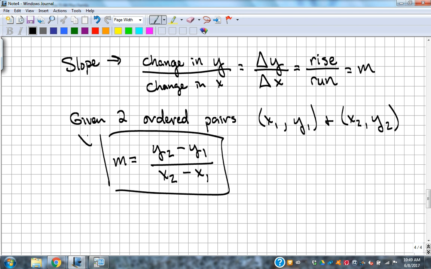That is muy importante. Okay, it's very important that you recognize that formula, be able to use it. We're going to be using it quite a bit in the rest of this section and the next section that we go to. So that's a very important formula.